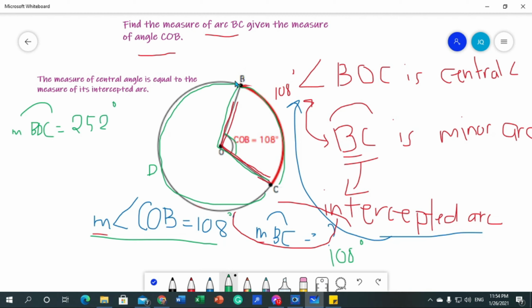Why? Because the entire circle measures 360. Arc BDC and arc BC together form the entire circle, so you subtract: 360 minus 108, the measure of BC, gives 252 degrees. And if you add 252 and 108, it equals 360 degrees.